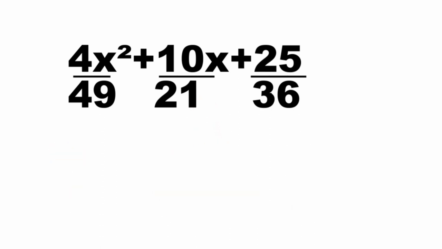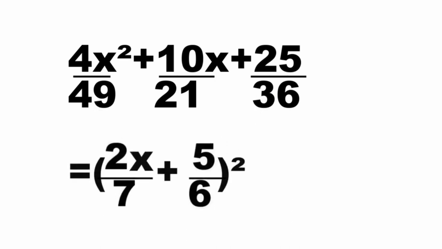So the factor of 4x squared over 49 plus 10x over 21 plus 25 over 36 is the square root of the first term and the last term. The answer is the quantity 2x over 7 plus 5 over 6, squared. The square root of 4x squared is 2x, the square root of 49 is 7, the square root of 25 is 5, and the square root of 36 is 6.